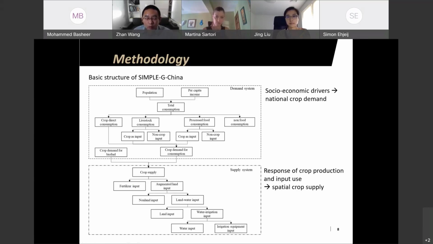So when one input changes, both the price change and the quantity change will affect the aggregated input on the upper layers, and with the structure, it will eventually influence the crop supply in that grid.